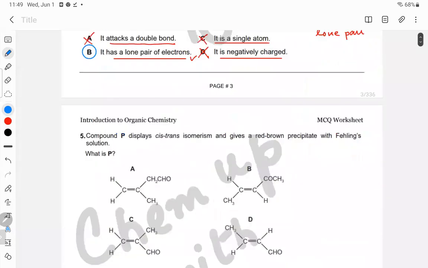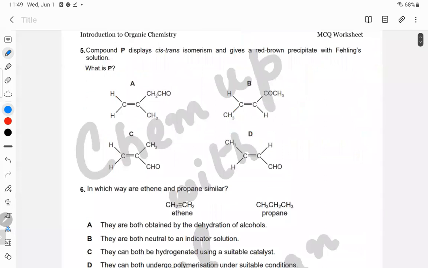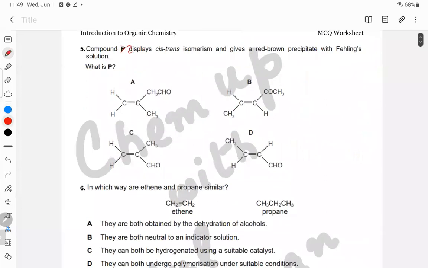Okay. Now question number 5. Compound P displays cis-trans isomerism and gives a red-brown precipitate with Fehling solution. So if it shows cis-trans isomerism, it means it must have a carbon-carbon double bond. And if it shows a red-brown precipitate with Fehling solution, it means it has an aldehyde as well.